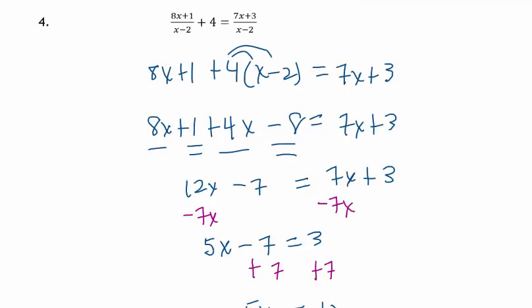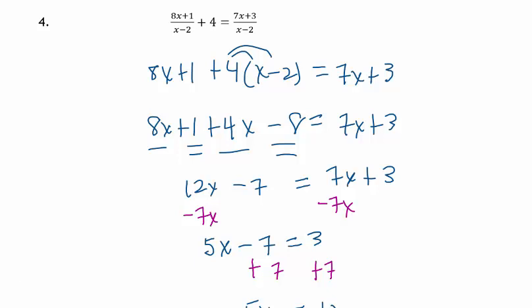So just as it is important to check your answers with all equations, it's doubly important to check them with rational equations, because your solution could be extraneous, meaning it works for another form of the equation, but it doesn't work for the initial or given equation.